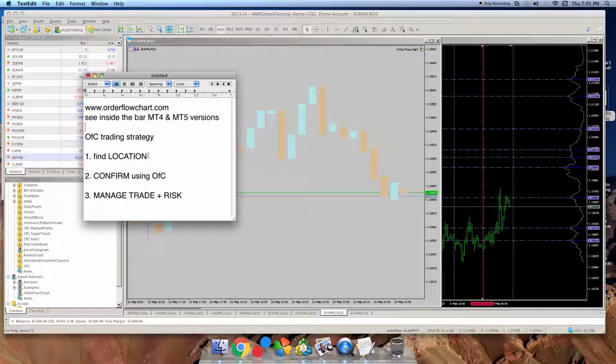So the first step, the very first step that you have to do before starting to trade is to find location.